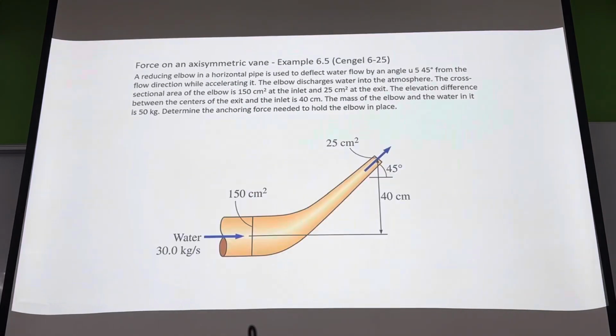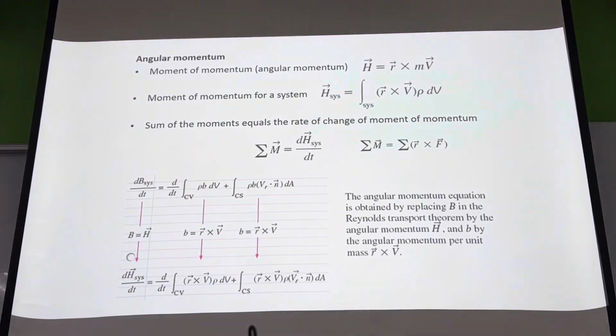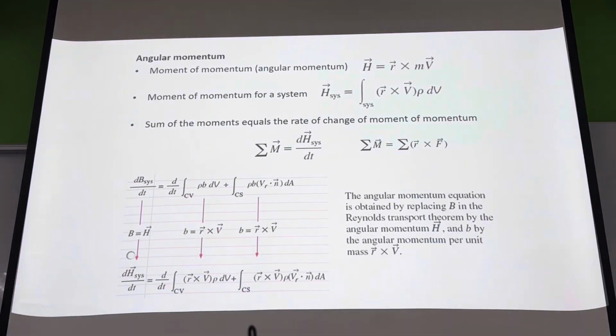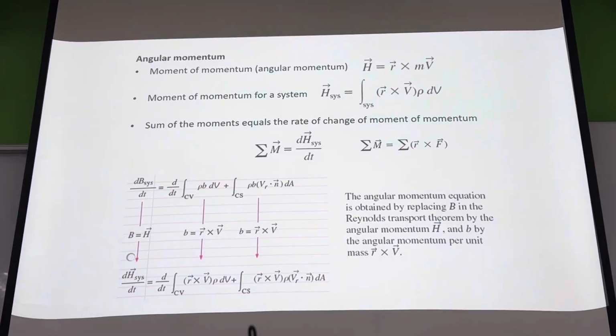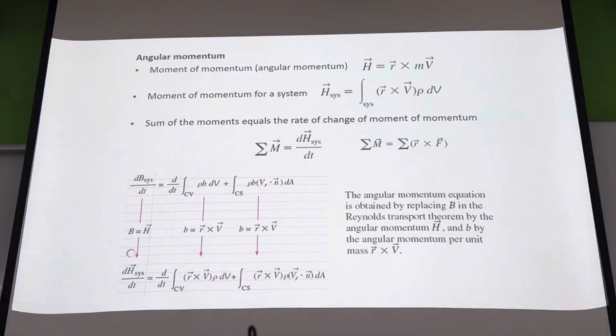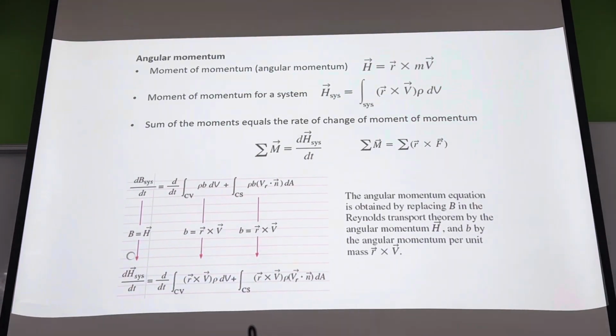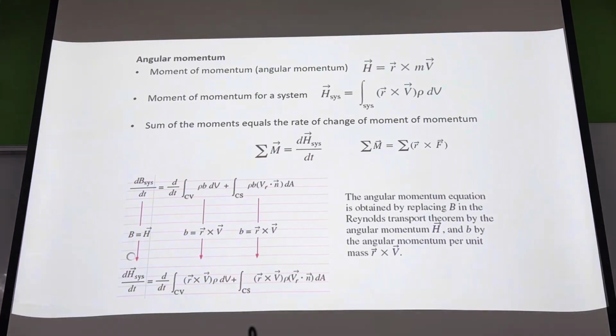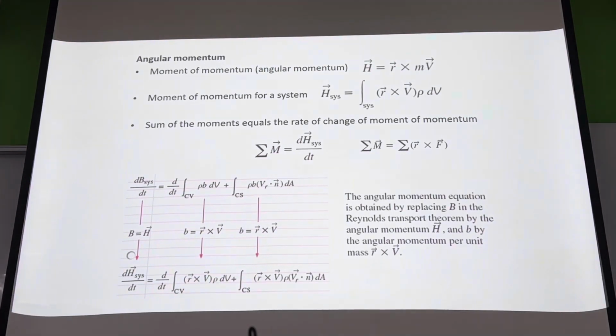You can also do these equations and look at the rotational momentum, where the rotational momentum H is related to the linear momentum by a cross product with a radius.